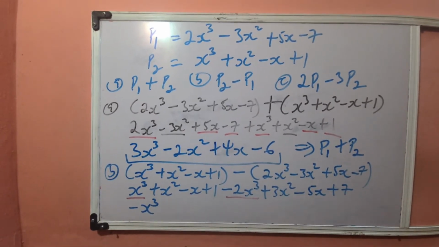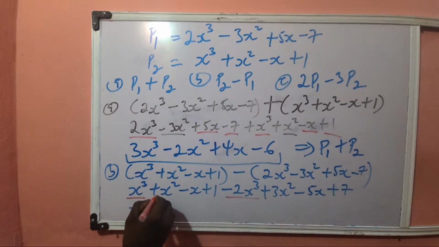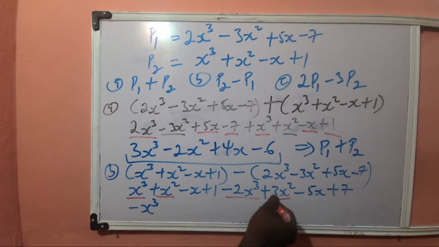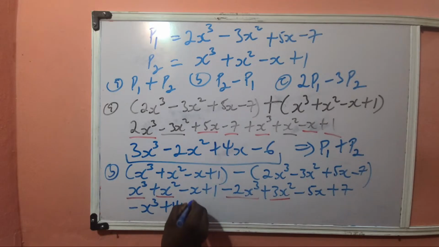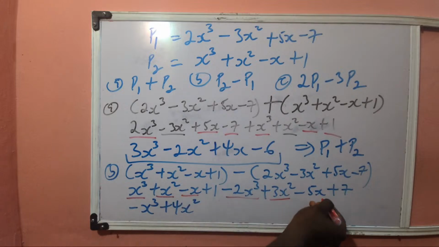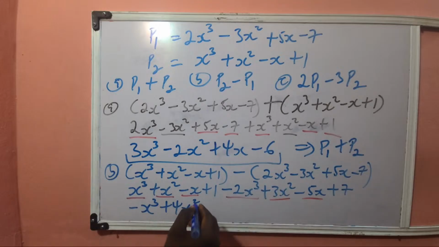And then you go on to have the x squares. That was x squared, then plus 3x squared. When you bring those together, you'll be having plus 4x squared. Then you have minus x minus 5x, that will be minus 6x.